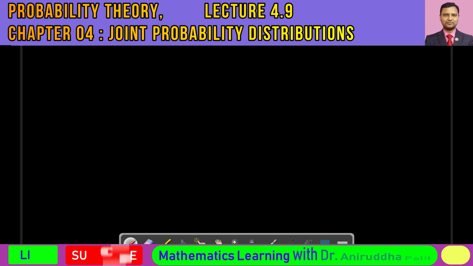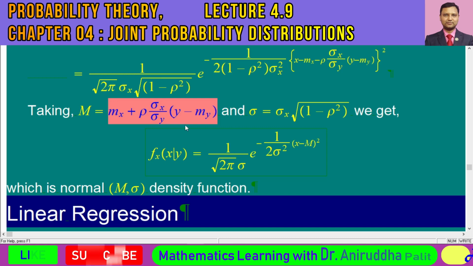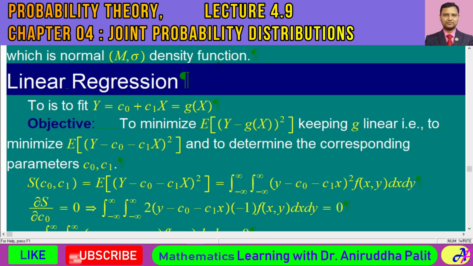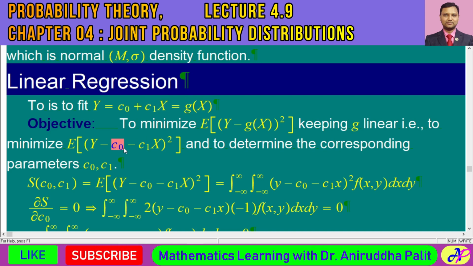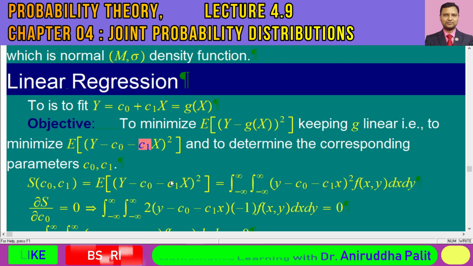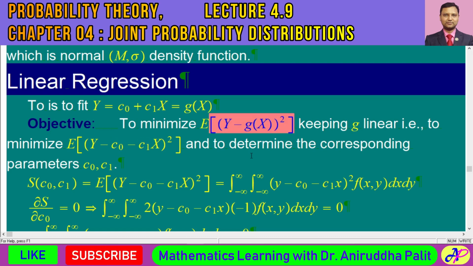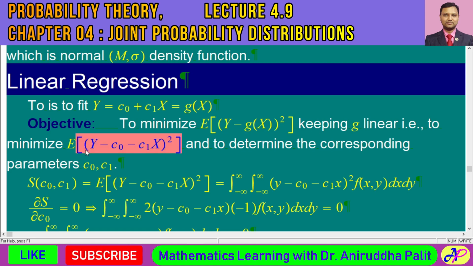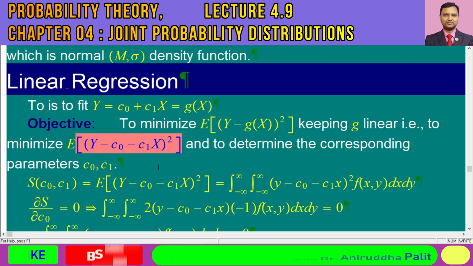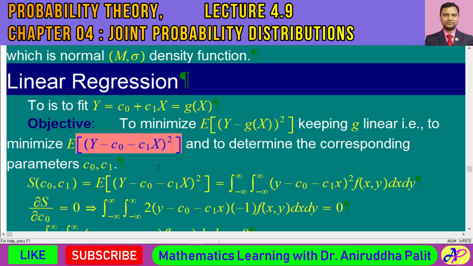And in order to prove this result, we can now say that if we consider g of x equal to a linear expression like c0 plus c1 x, then we need to compute the corresponding values of c0 and c1, so that this expression, expectation of y minus g of x whole square, or in other words, expectation of y minus c0 minus c1 x whole square, becomes minimum.